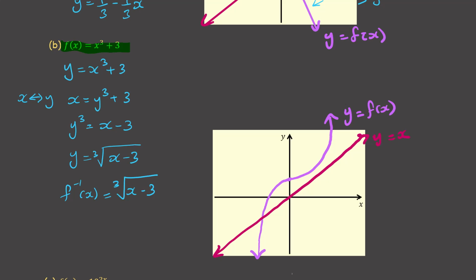Now 10 to the 2x, that is an exponential function. So that is going to do something of that nature. Then put on y equals x. So that first one was y equals f of x.